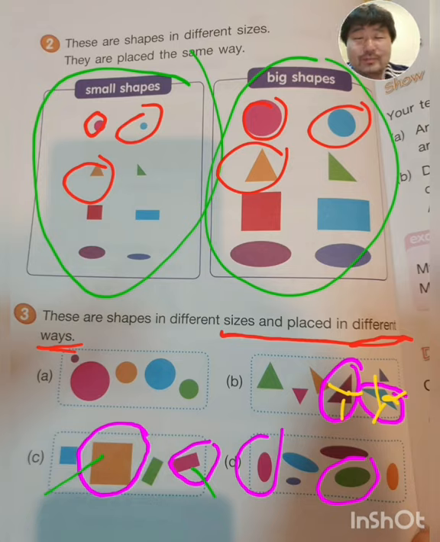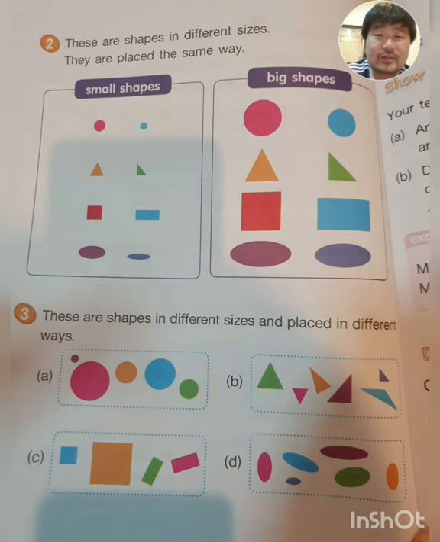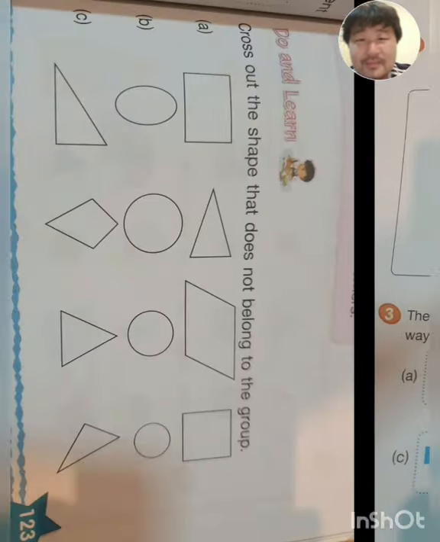And with ellipses, that's the same as with circles. They can only be different in the size, because the shape cannot be different. All right, so that's all for this page. Let's continue on the next page.